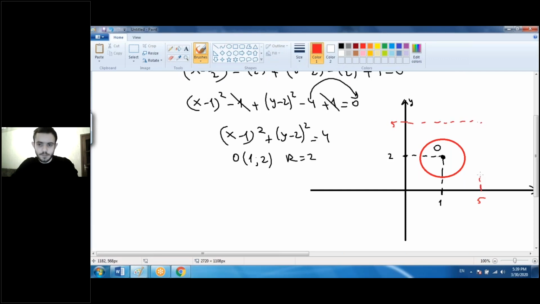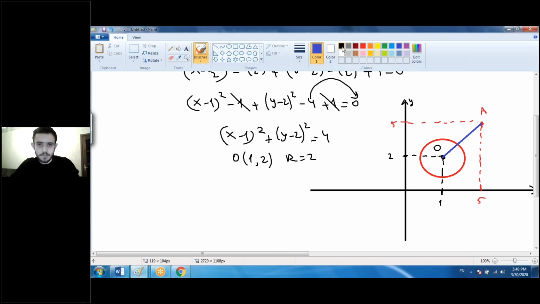Why do we need this? So you may have two tasks. The first one is to find the distance between a point and the center of the circle. You will just use the formulas for finding the distance between 2 points. And the second one, like in this task, you will need to find the distance between a point and the circumference.